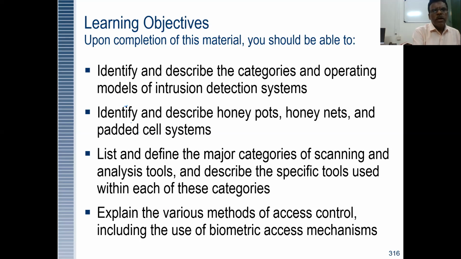Identify and describe honeypots, honey-nets, and padded cell systems. And we can easily mention and define the major categories of various scanning and analysis tools. So, what type of tools are we using for managing IDS.